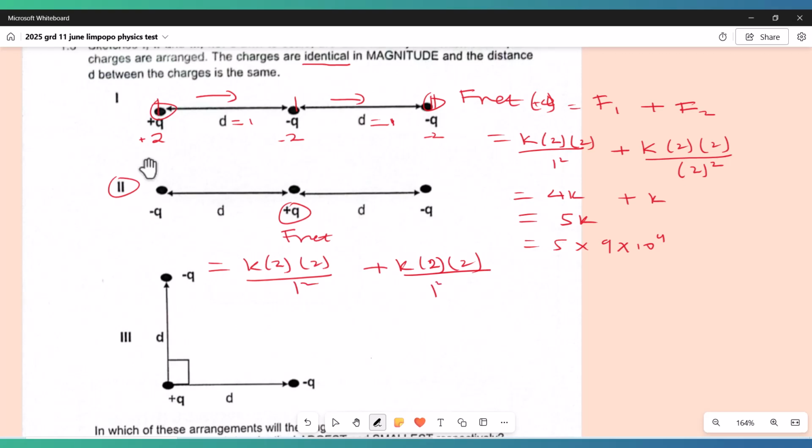This one is squared in both cases, the same, because the positive charge is in the middle. So you're going to have 4K here and also plus 4K here.